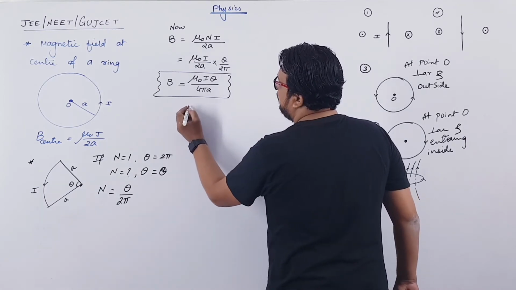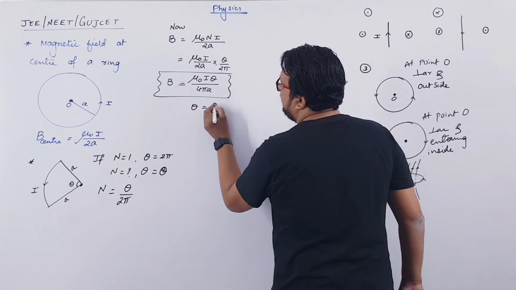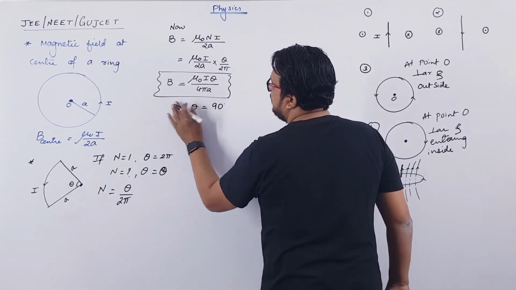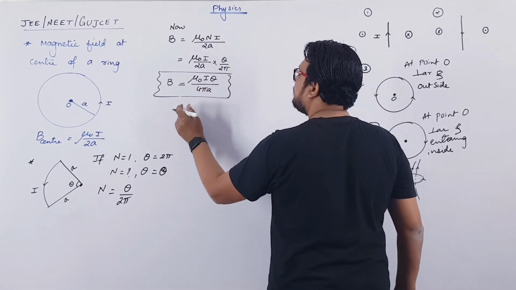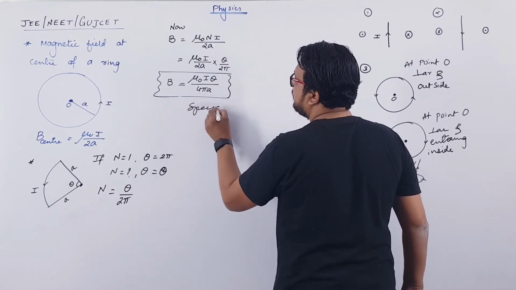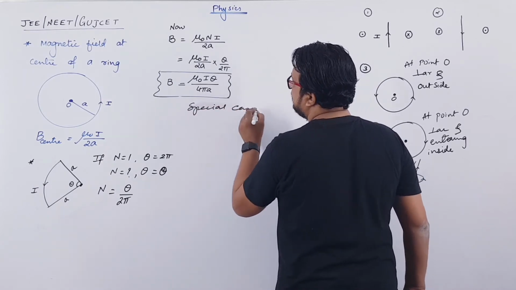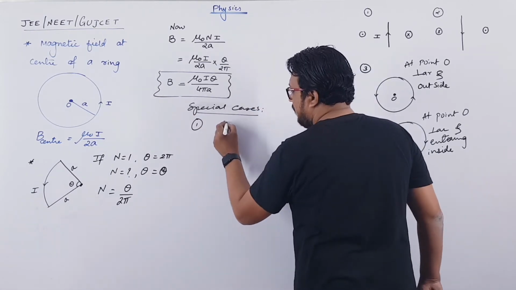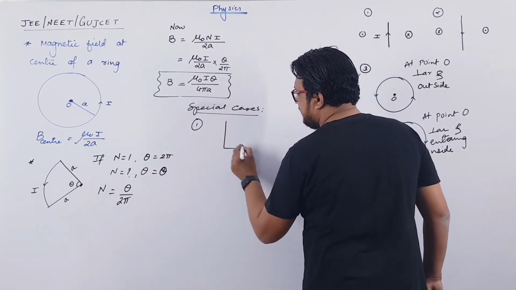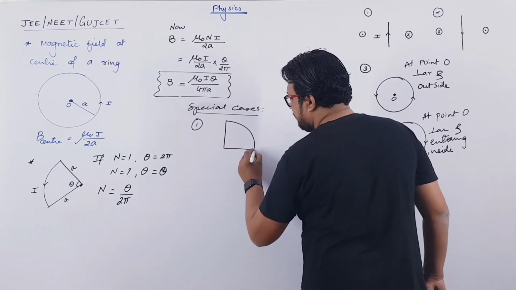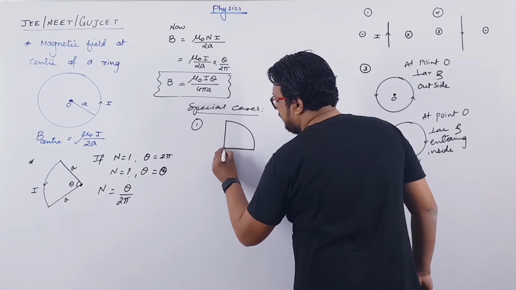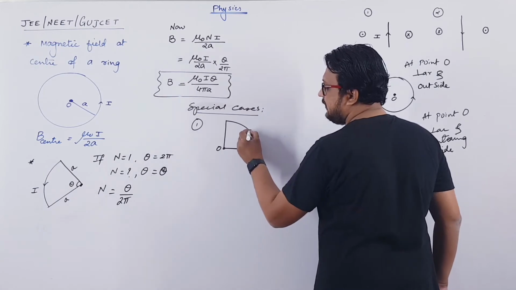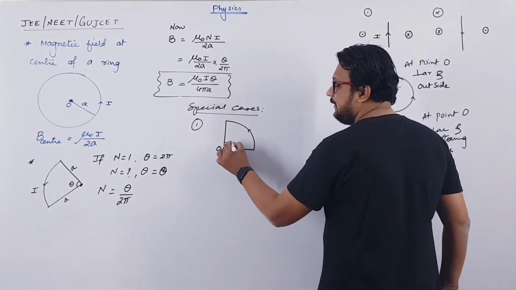So if angle is 90 degree, let me write a special case. In first case, we have an arc such that it makes an angle of 90 degree. And we want to find magnetic field at point O. It is carrying current in this direction. Angle is 90 degree.